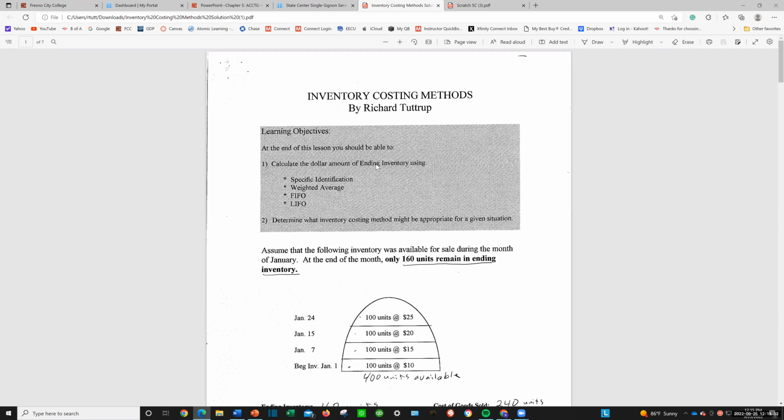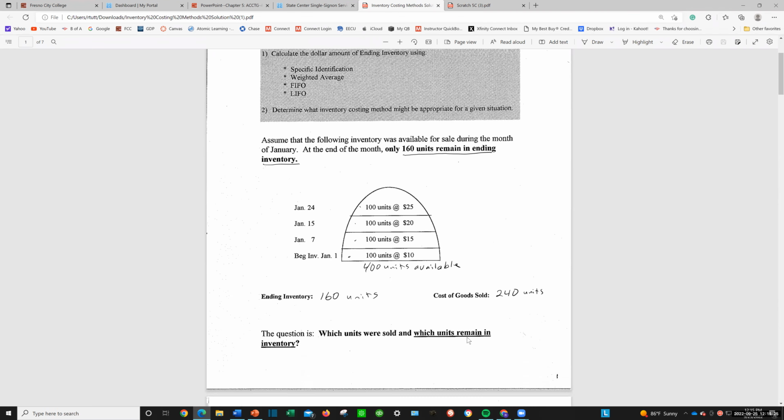So what we're going to do here is calculate ending inventory using these 4 methods: specific identification, weighted average, FIFO, LIFO. And I'm going to use the same situation here. Let's say that we made the following purchases during the month of January. Okay, so I'm going to move this up here.